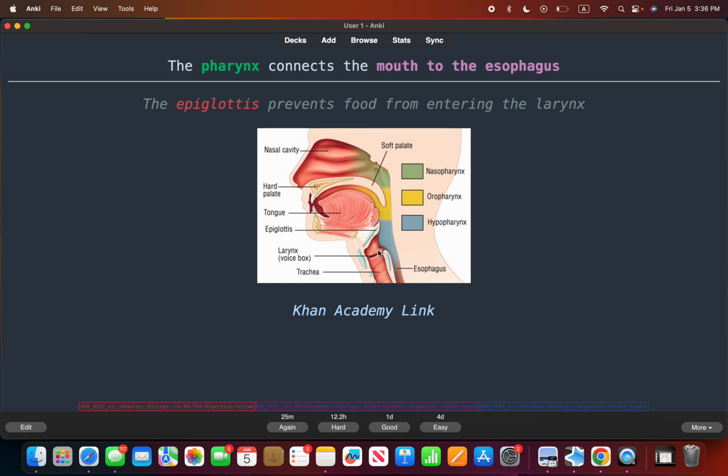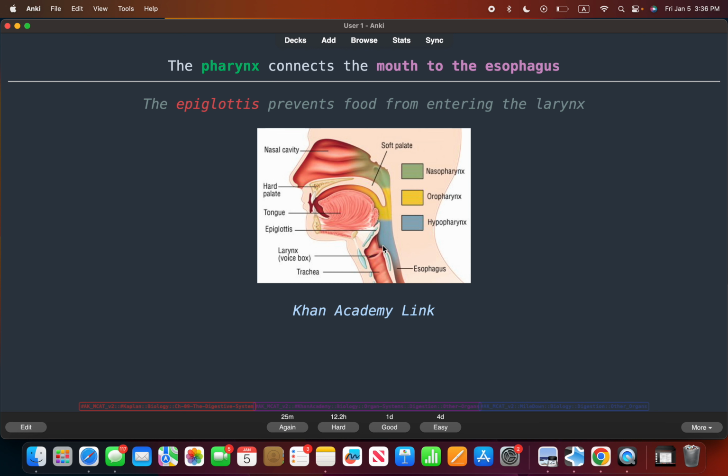But we can still ask ChatGPT the question to make sure that we get the concept right. So that's where the epiglottis is. We have the nasopharynx, oropharynx, and hypopharynx. This is the pharynx, which has the epiglottis, which prevents the food from going to the larynx.